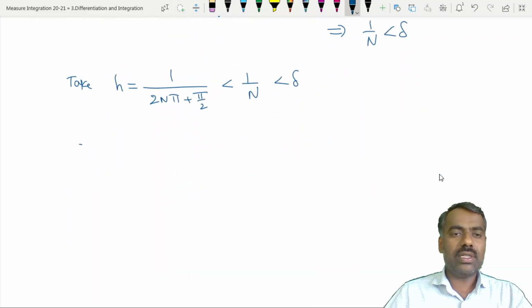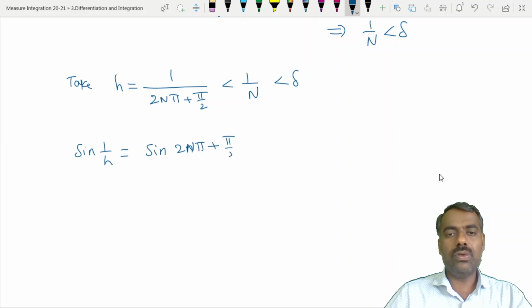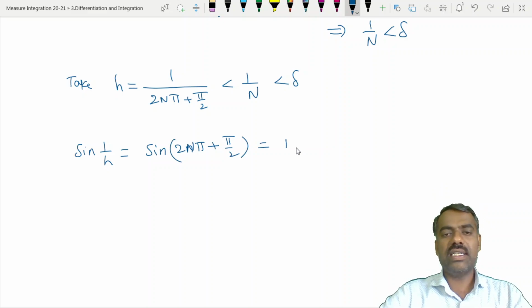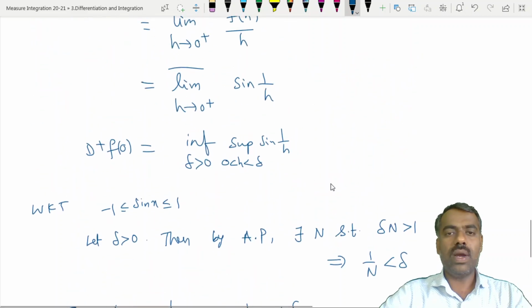And what can you say about sine 1 by h, which is sine of 2n pi plus pi by 2? We know this is the same as sine pi by 2, which is 1. So for this h we are getting the value 1, right?